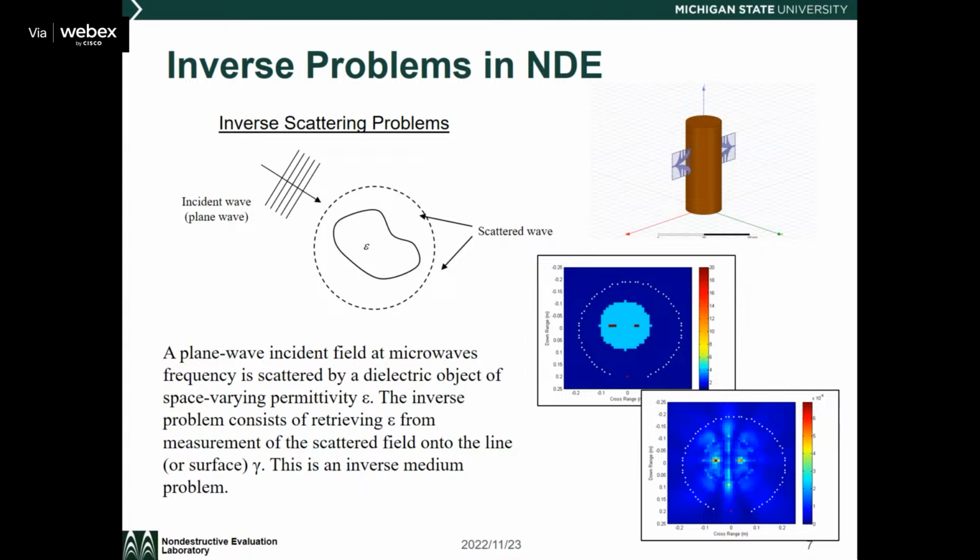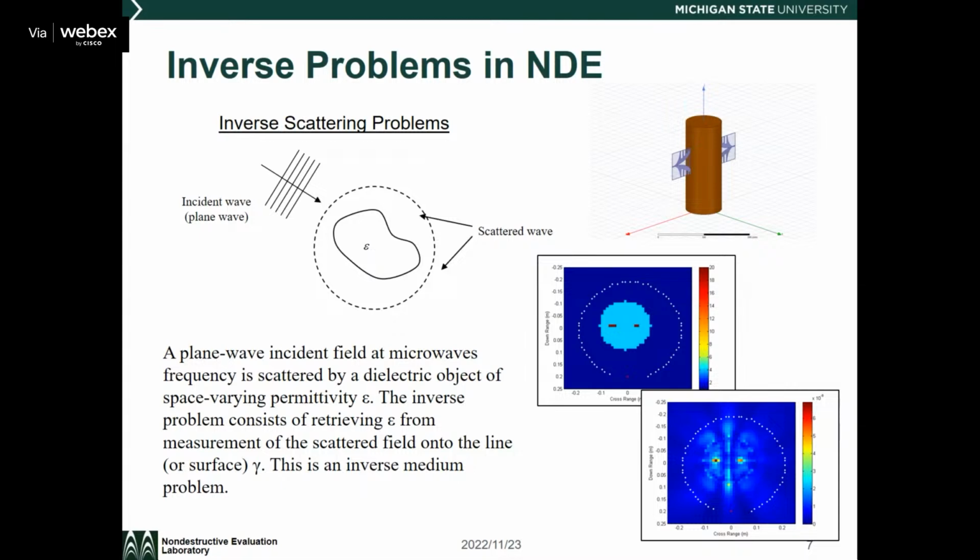You can have an incident wave, and we can have a simple plane wave incident over an object. If we're looking at, for example, microwave frequencies, then you have a dedicated frequency band for it. The incident plane wave will interact with, for example, a dielectric object. It can be metal, it can be dielectric, it's up to you.